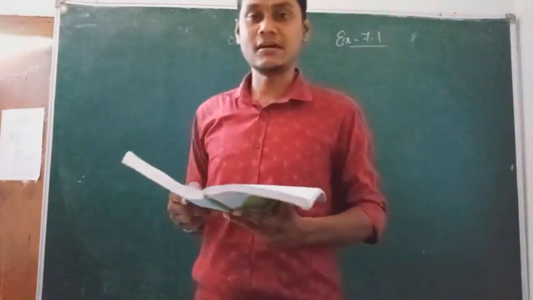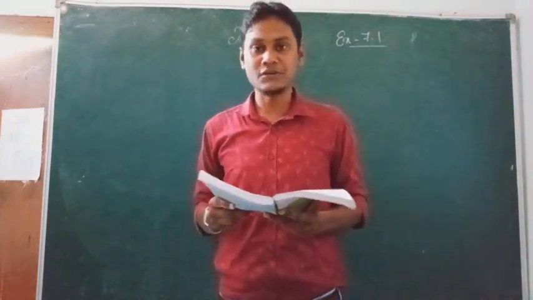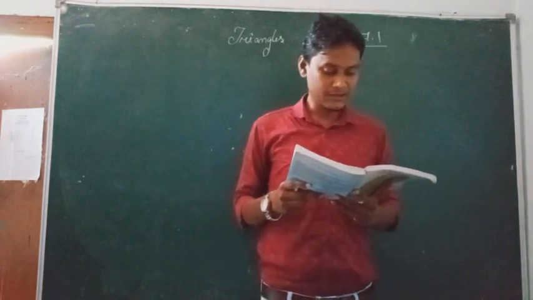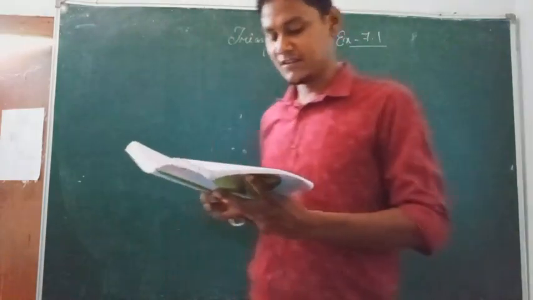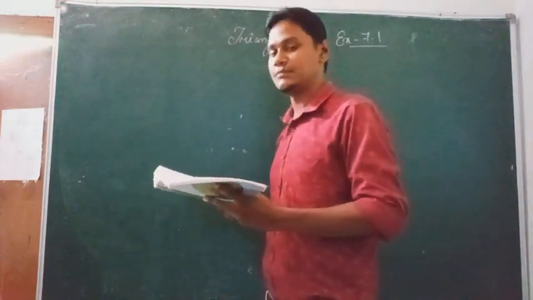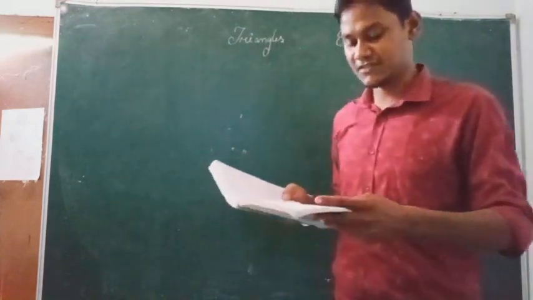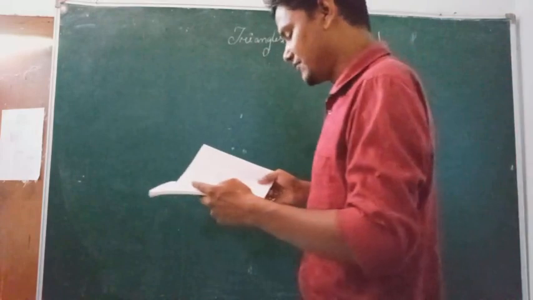Show that triangle ABC is congruent with triangle ABD. Then the question asks, what can you say about BC and BD? This is one very simple question. First of all, you just see the figure.